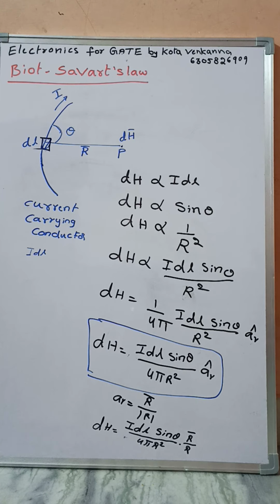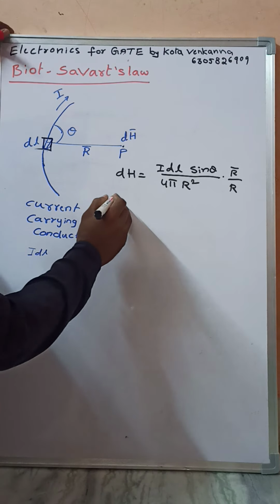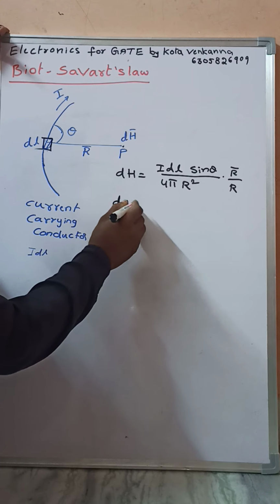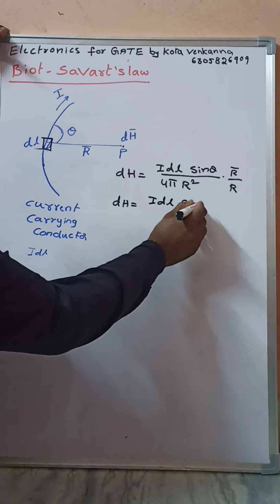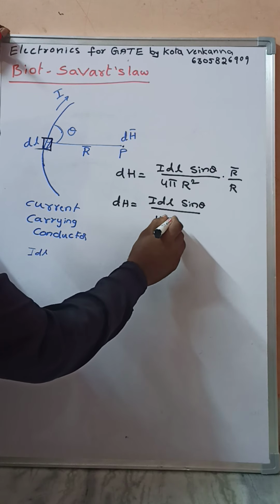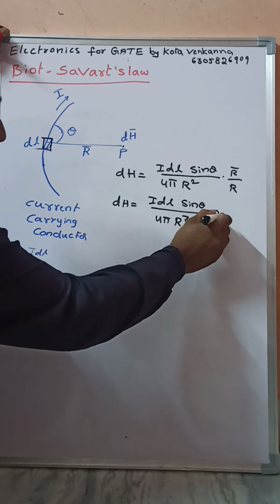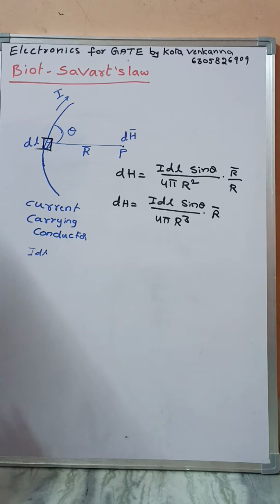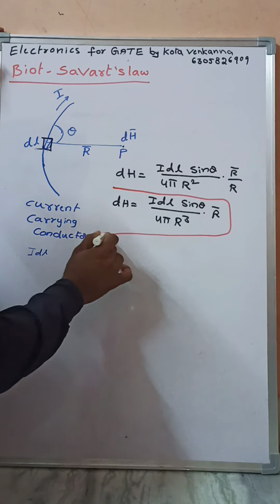Finally, the equation is written as dH is equal to I dl sin theta by 4 pi r cube into r bar. This is the differential form of Biot-Savart's law.